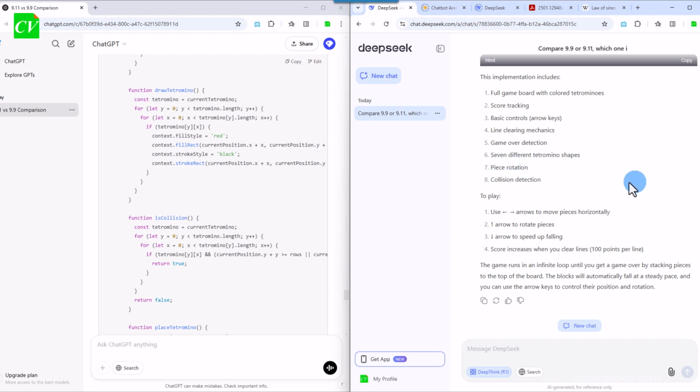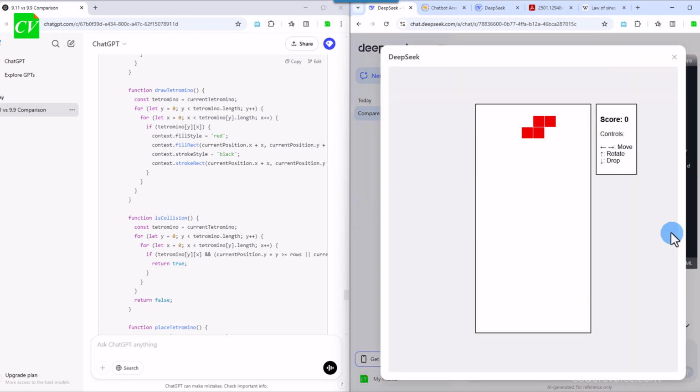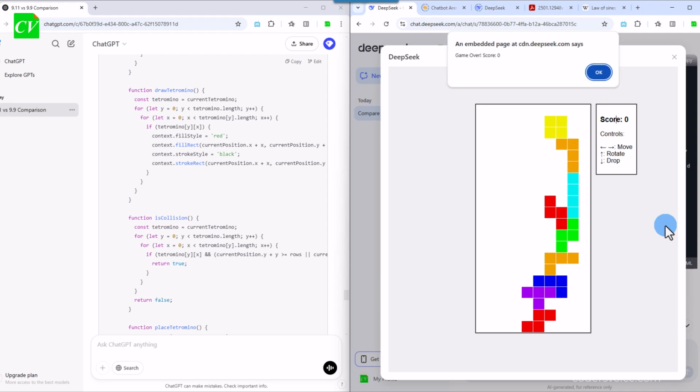Okay, DeepSeek gives the result also. For DeepSeek, I can just run the code in the HTML. So let's run it. Okay, moving, turning, fast turning. Okay, this is good. Let it touch the top part. Game over.